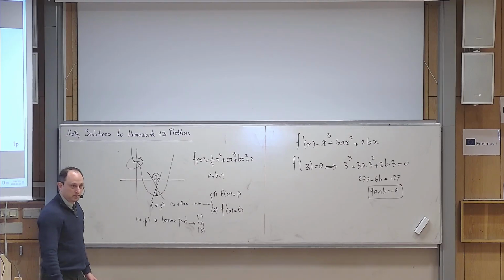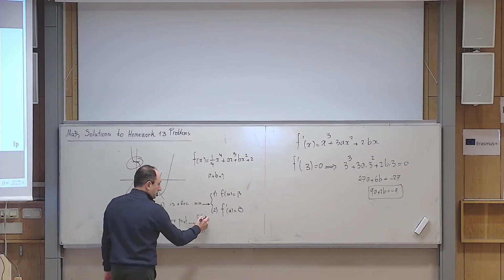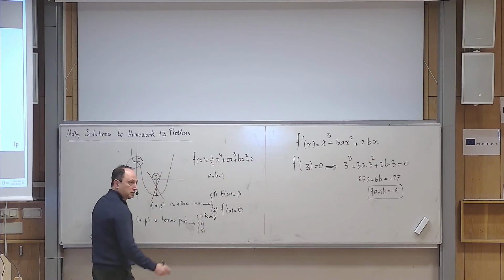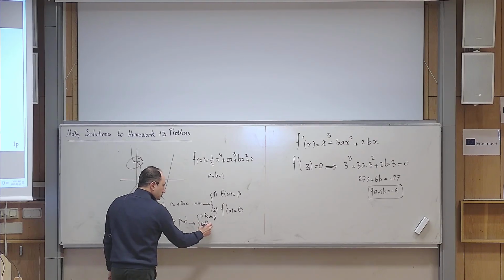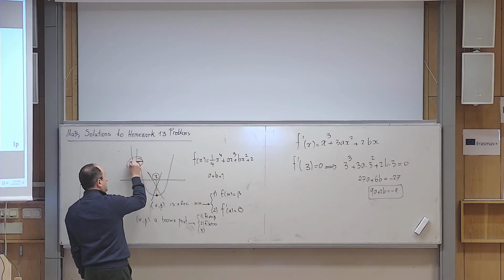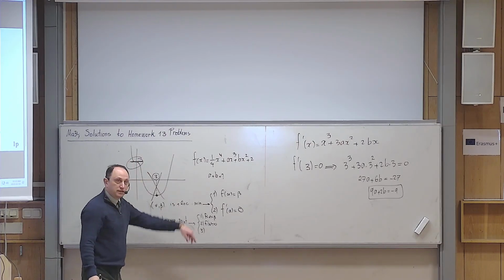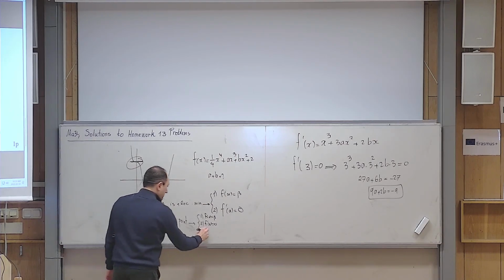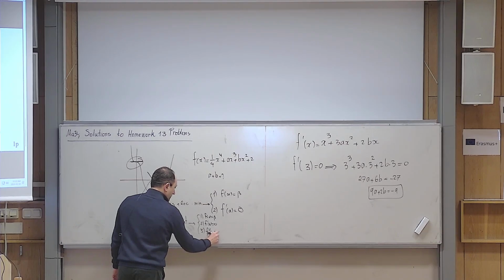What was 1? F alpha is equal to beta. What was 2? F prime alpha is equal to 0. Don't miss it, because even in the terrace point, the tangent line is horizontal. But there was one more. F double prime.